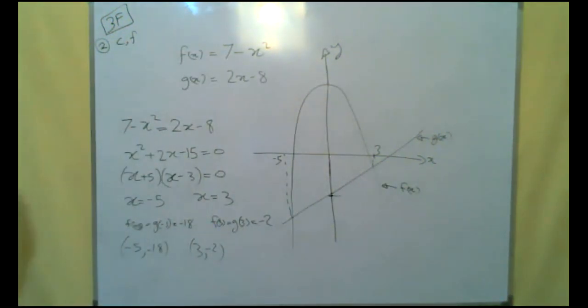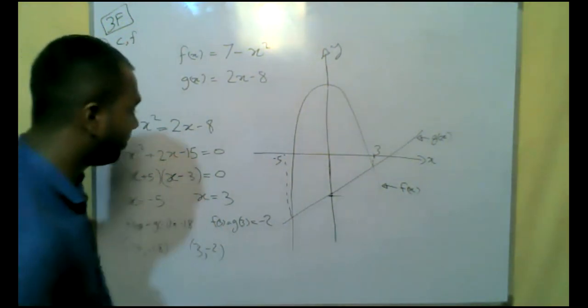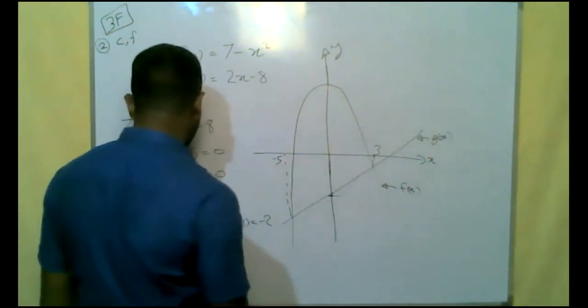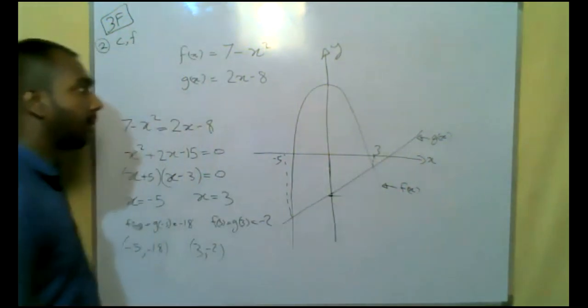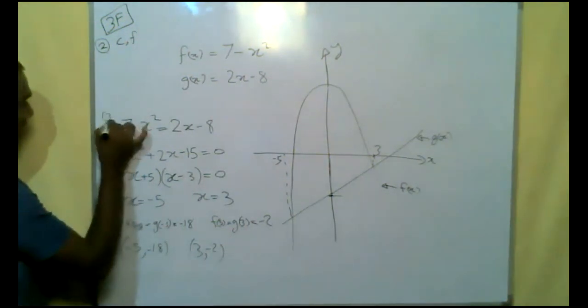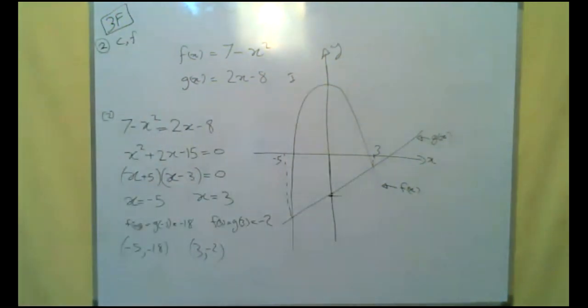Okay, so what are they asking? We should have the curve under the line. So what is our answer for part 3? This is for part 2. This is for part 1. X is between minus 5 and 3. Really? I don't think so.